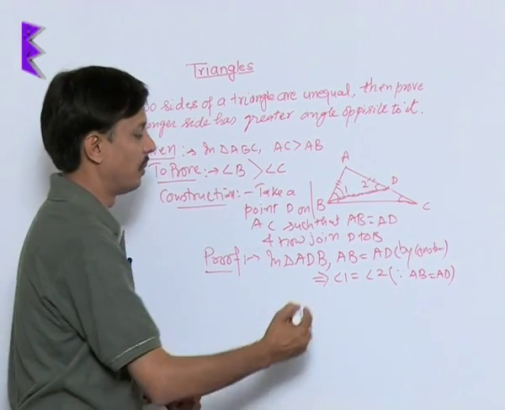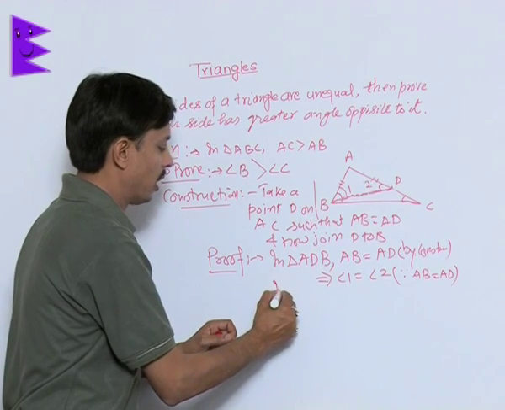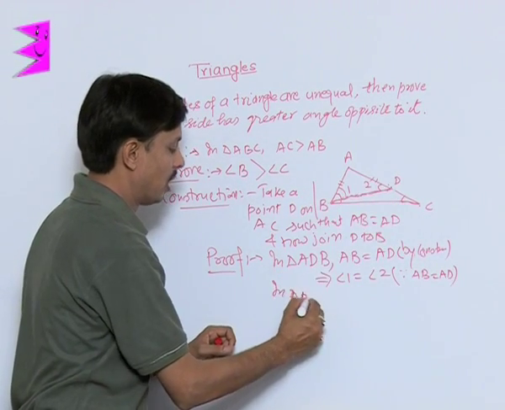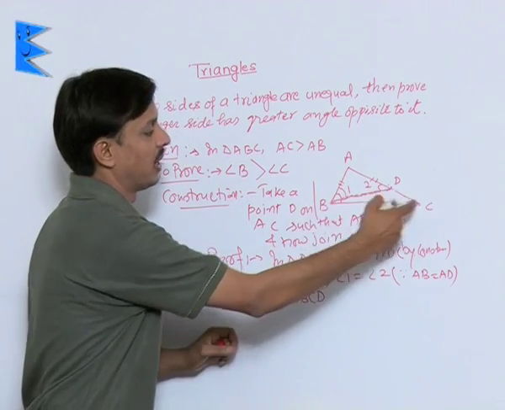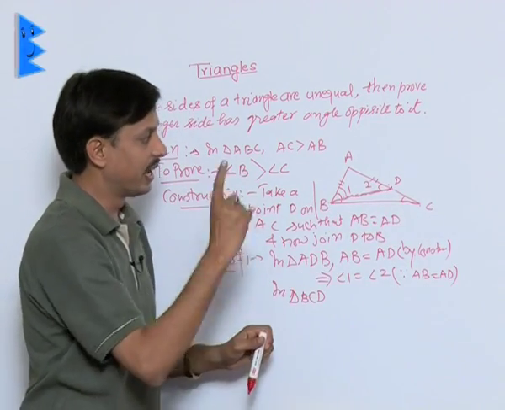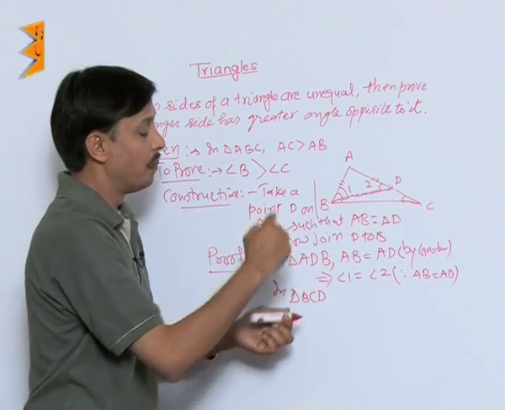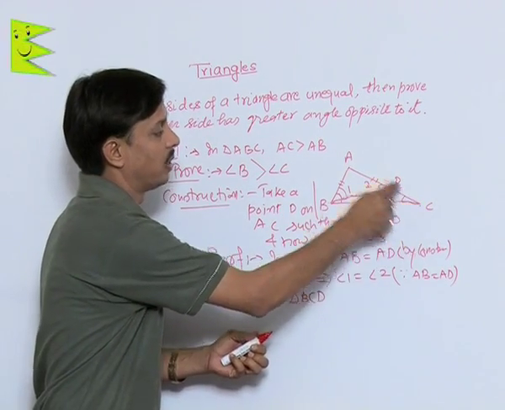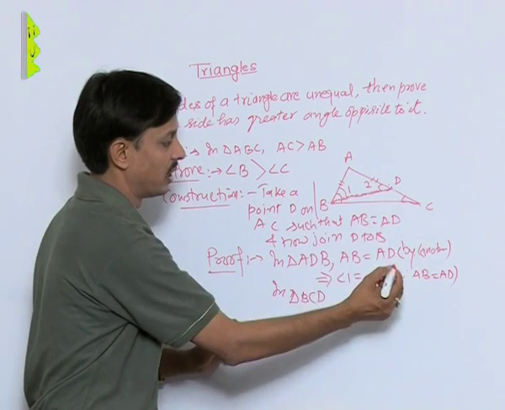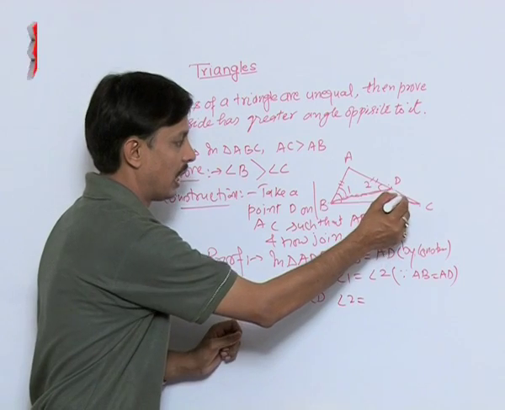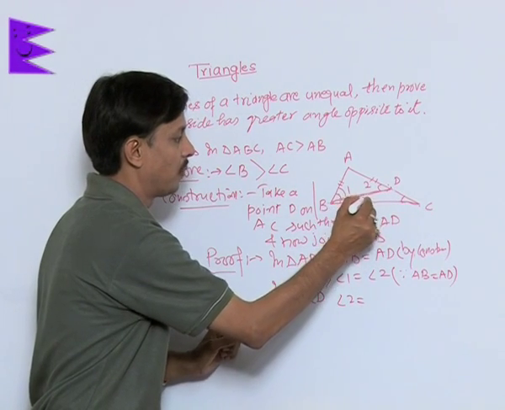Now, in triangle BCD, I can say that angle 2 is the exterior angle made on the extended side of CD. You can check here that angle 2 is equal to angle C plus angle 4.